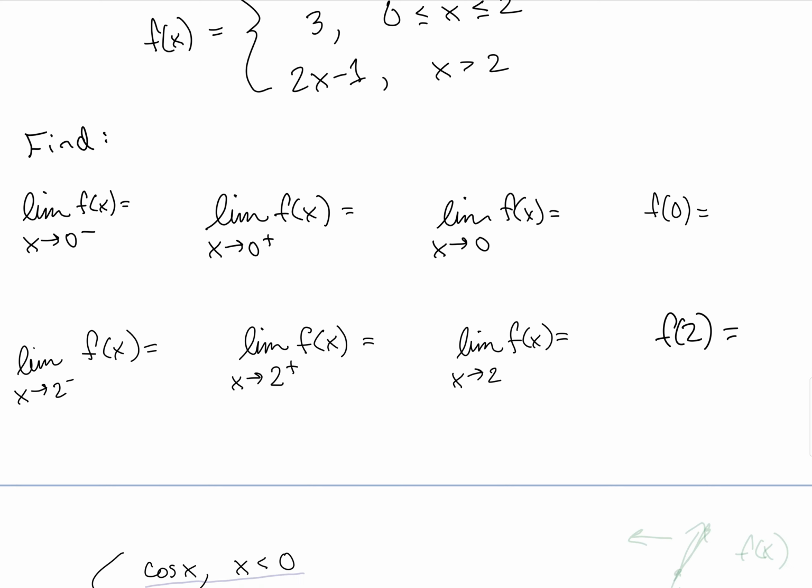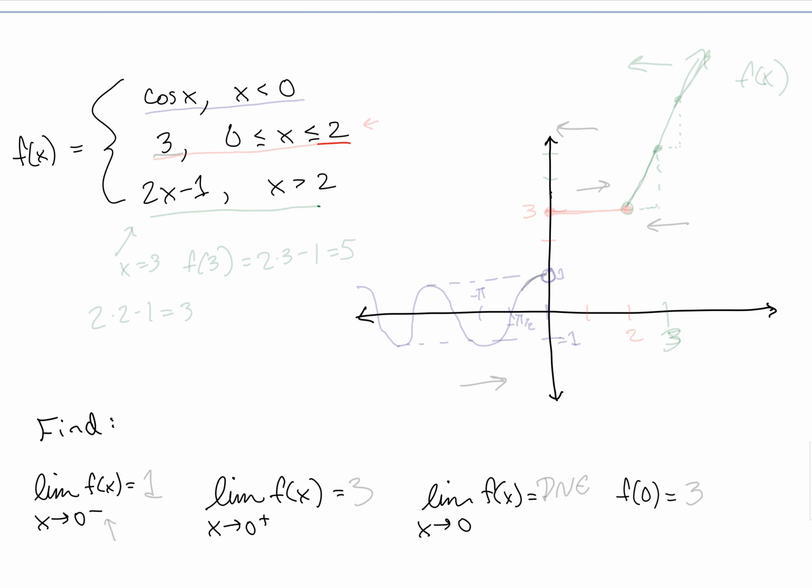Okay, for sketching this function, we sketch each part of the piecewise function. So we see that the first part is valid when x is less than 0. So cosine of x, we know it starts at x equals 0 at positive 1. So this is the value positive 1.